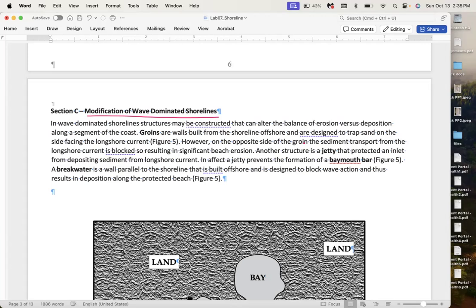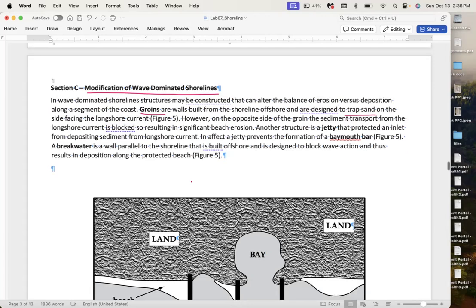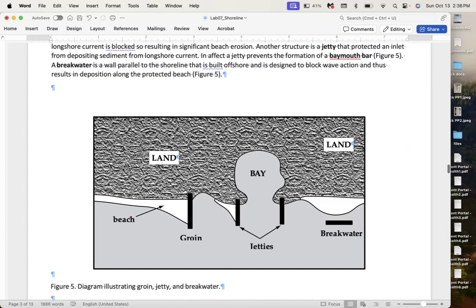So on these wave-dominated shorelines, we can construct certain kinds of structures that are meant to trap sand on the side facing the longshore current. These are called groins. And so in this case, sand is being trapped over here.